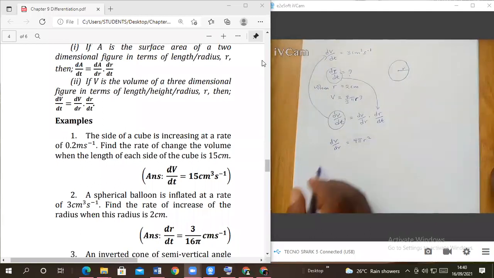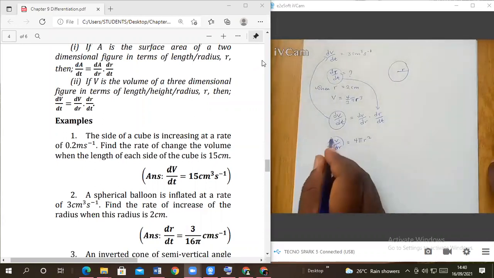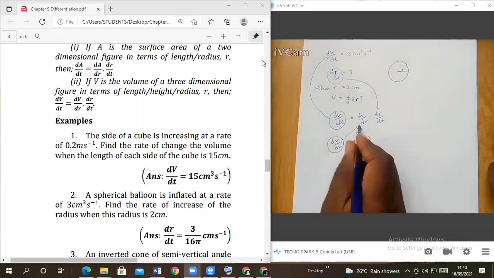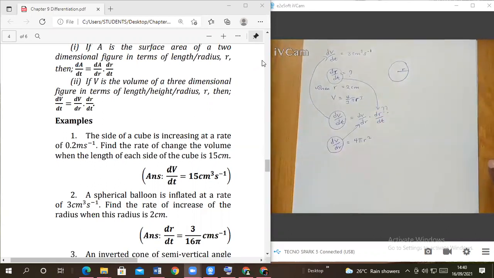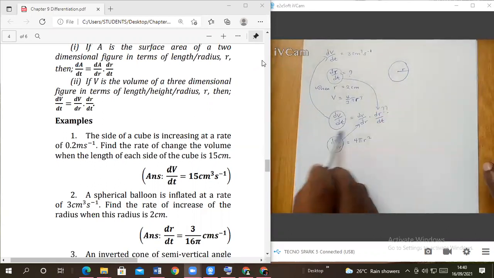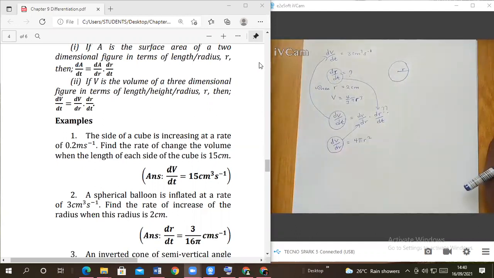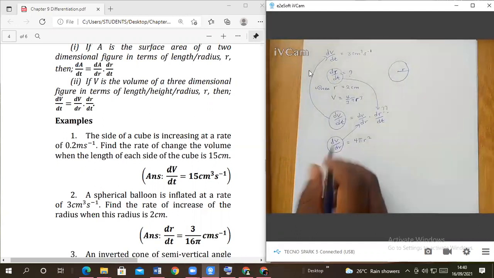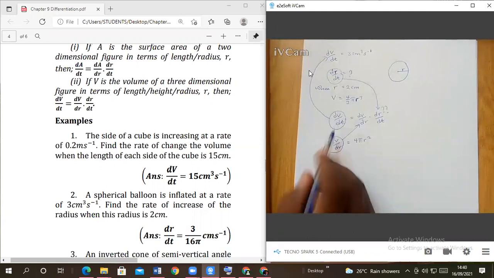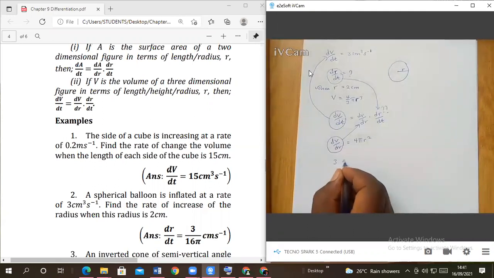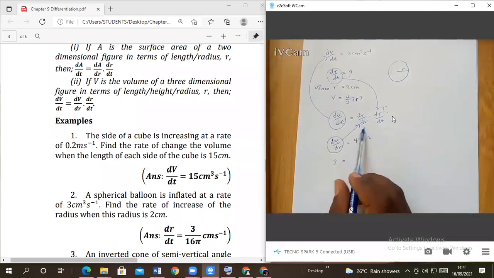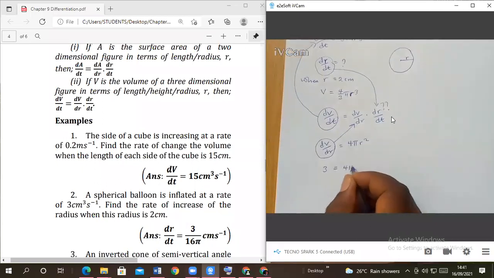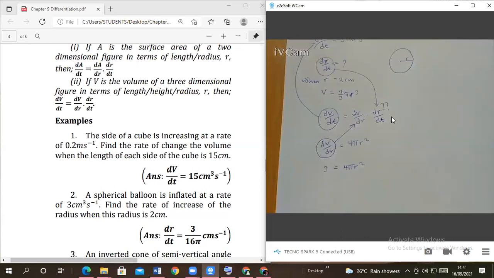That is dv dr. Now, this is what we are going to substitute here in our formula to get what we want. Therefore, from this formula, we shall have dv dt, which is 3, equal to, we substitute here the dv dr, which is 4 pi r squared.